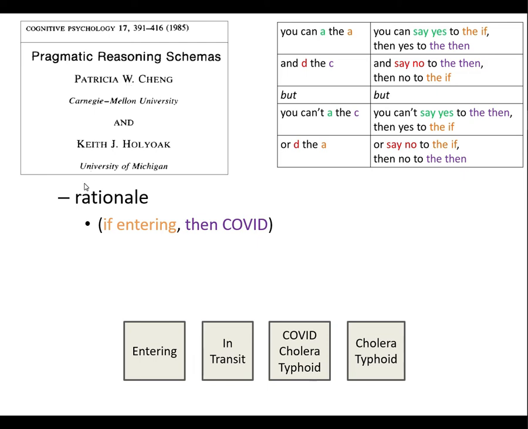Reviewed in last lecture's reading, Minda's Psychology of Thinking, pages 140 to 142, is the idea of deontic selection. That is, choosing the cards based on rules, which seem to remind us to select the cards based on what's not there, i.e. those without COVID on their Form H do not have permission to enter China.